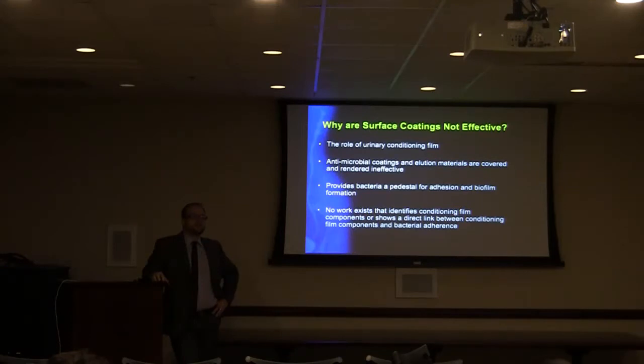Yes, the stents are supposed to obviously be smooth, but when you take an SEM image of a stent that hasn't been inserted in a patient, you can quite readily see certain unevenness in coatings as well as the surface material. So that does play a role.